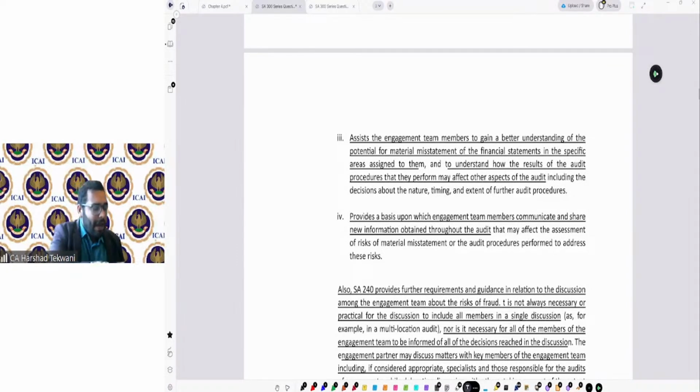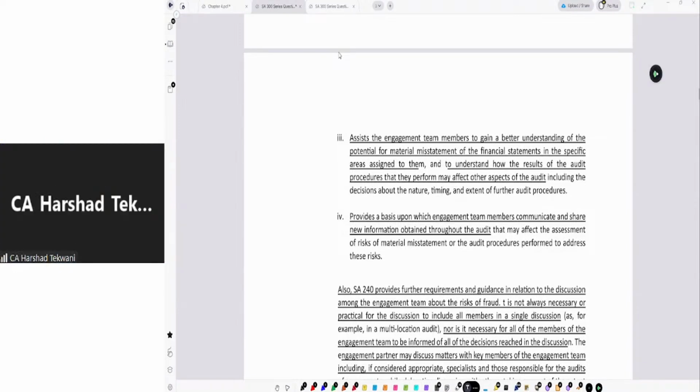Whatever we understood, whatever we learned during the practical scenario, we are just writing in a theoretical way over here. The same thing is being written in a theoretical way, whatever we discussed during the practical Excel file. If you see, this is nothing different from that.